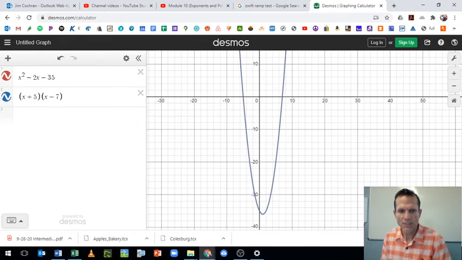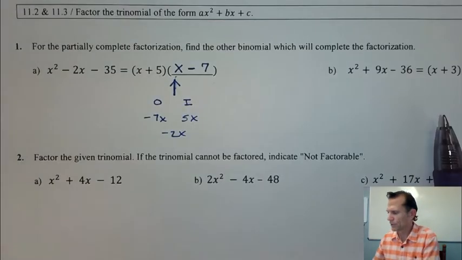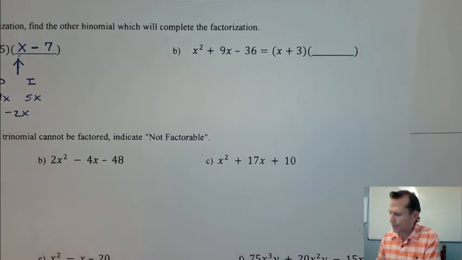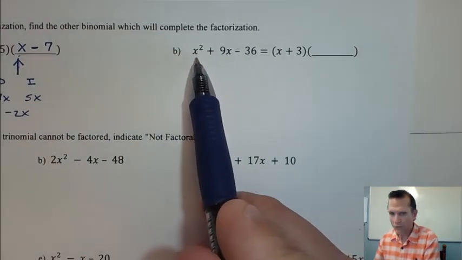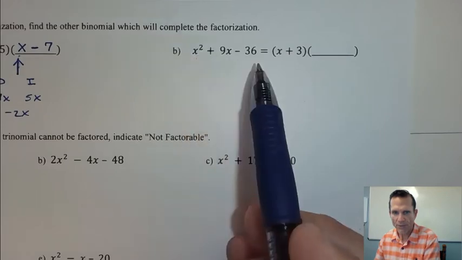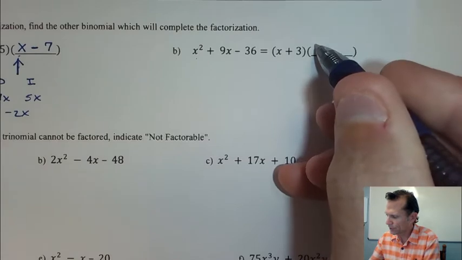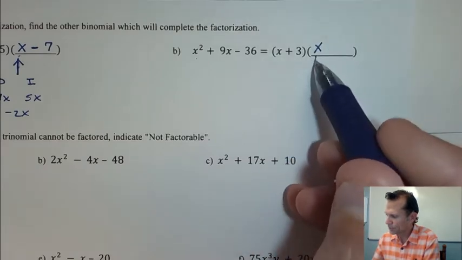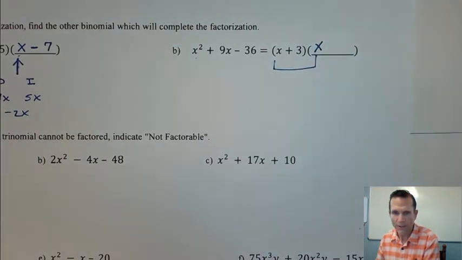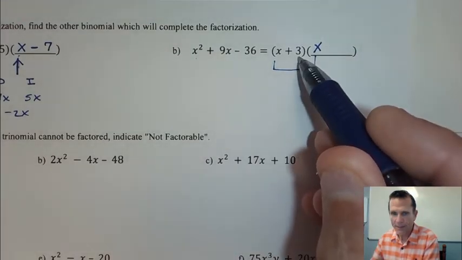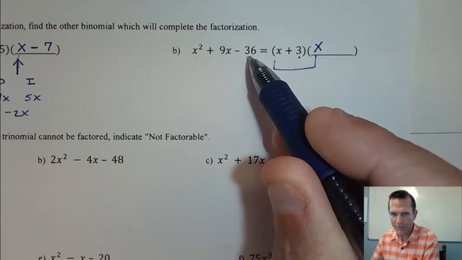Okay, so going back to the second one here, we look at how we produce this x squared. Well, they give us the first binomial, and so all we need to do here is take x to produce this x squared, and then we think about what times 3 will give us negative 36.